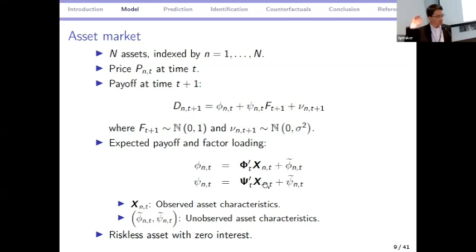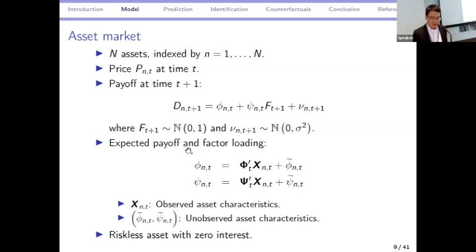This is not that different from Fama-French type thinking, where expected returns and factor loadings are ultimately functions of observables x. And the additional thing here is that they could also depend on unobservables, unobservable to the econometrician, but information that investors have and are using to do the portfolio choice.